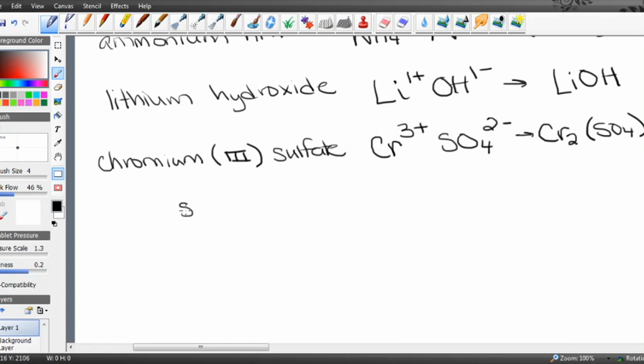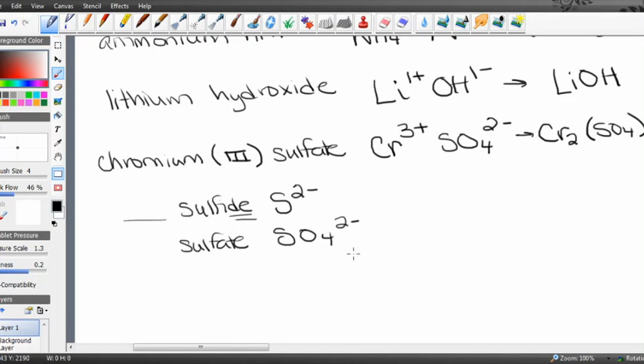If I gave you the ending sulfide, any name, something sulfide, if it ends in "ide," it's referring to the element sulfur with its charge. If I gave you the name sulfate, it's referring to one of the polyatomic ions, and you just have to learn them. So if it ends in "ate," it's polyatomic. There's also a polyatomic version that ends in "ite."